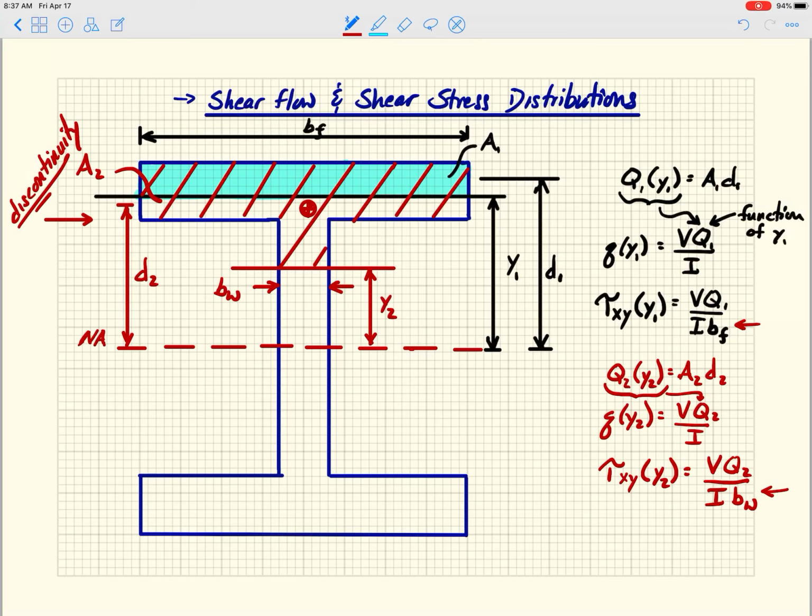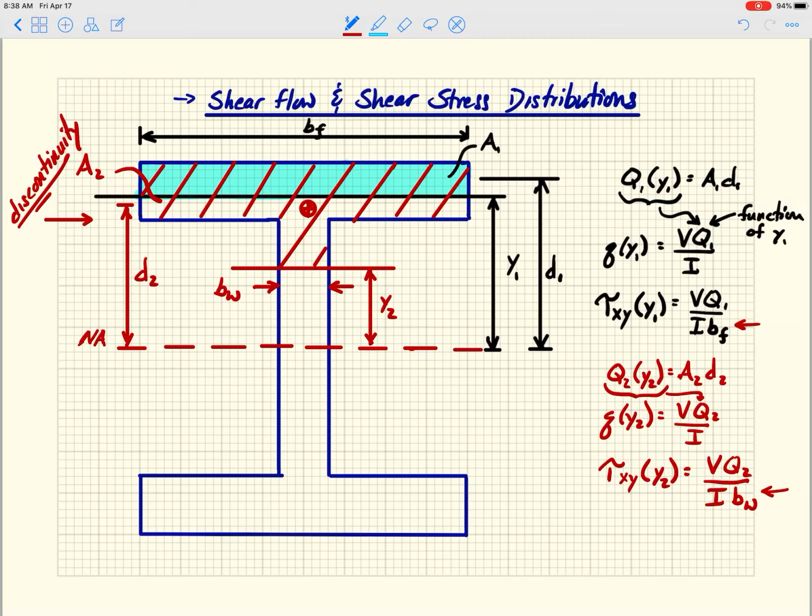So it turns out at the location where the flange transitions to the web, I actually have two shear stresses, right? If I take it an infinitesimal level above where that transition occurs, I have much less shear stress than if I take it an infinitesimal distance below.